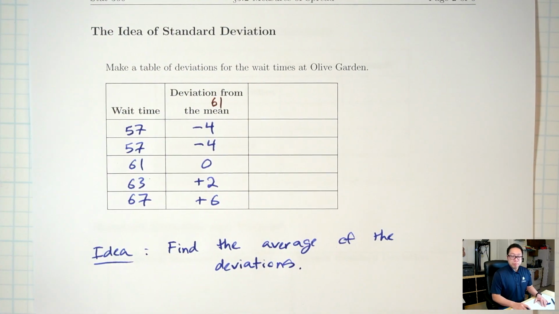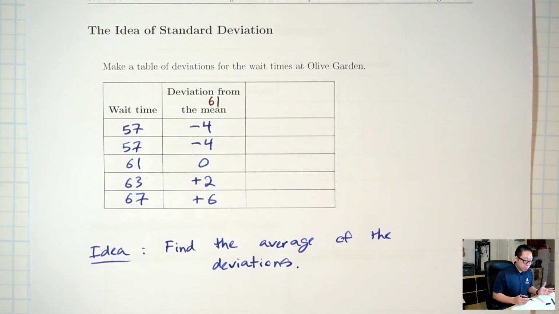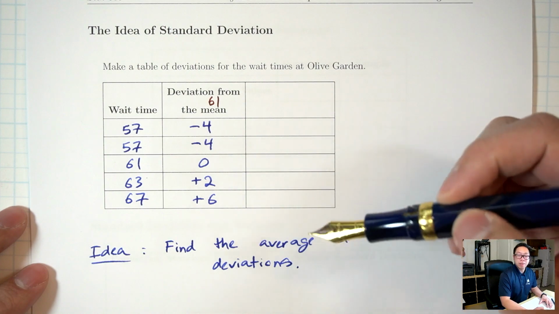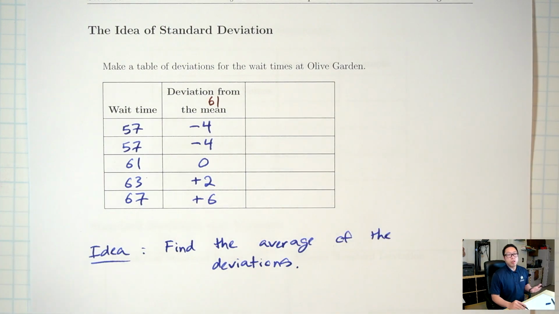So what do I do? Well, I want to do something to get rid of these negative numbers. From your algebra class, what could I do to turn a negative number into a positive number? I'm thinking of two things that you might be thinking of. If you said take the absolute value, that's good.